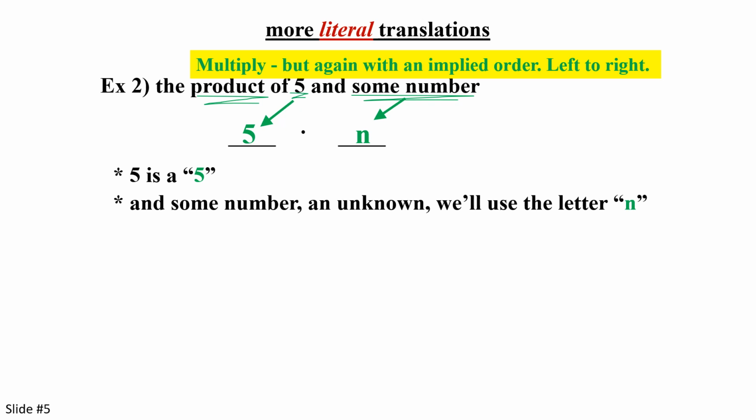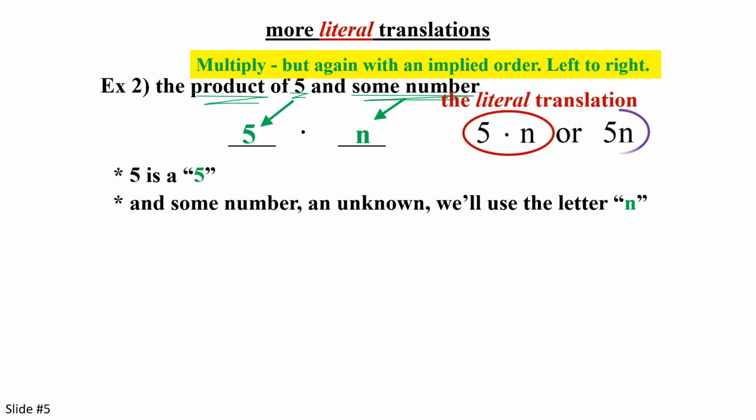And sometimes in a question, they will specifically tell you what letter they want you to use as your variable. The literal translation of the product of 5 and some number would be 5 times N, or just 5N. When things are backed up together, like the 5 and the N, with no operation between them, it's assumed to be multiplication.